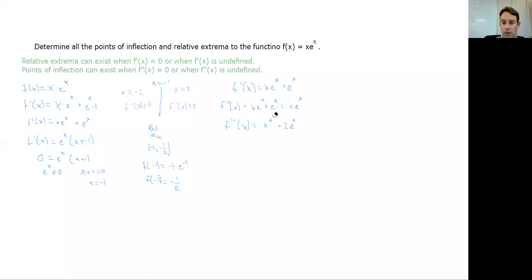So just like before, let's factor out that e to the x here. And we have e to the x times x plus 2.